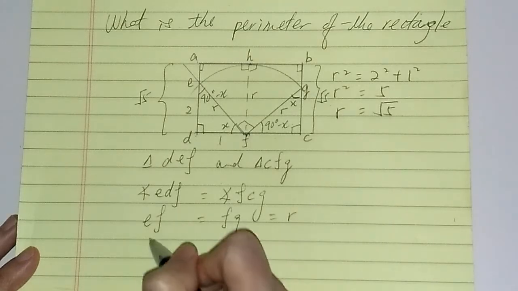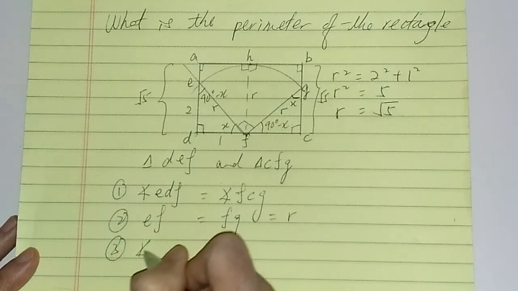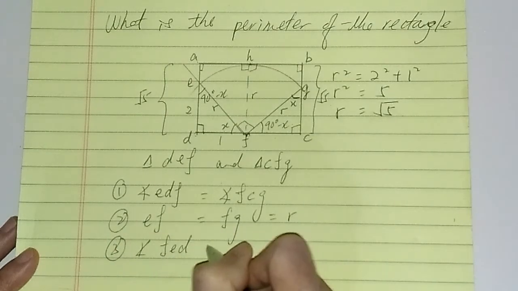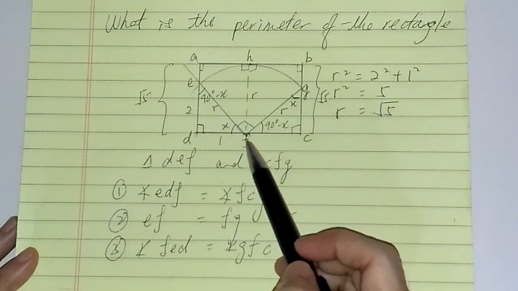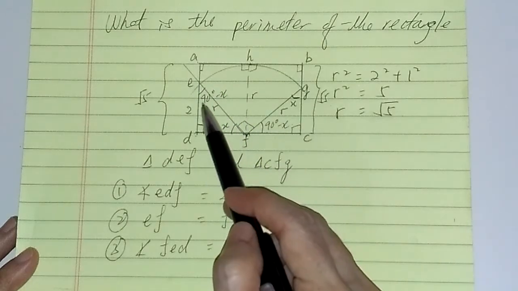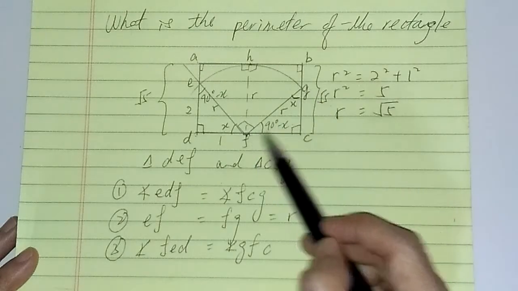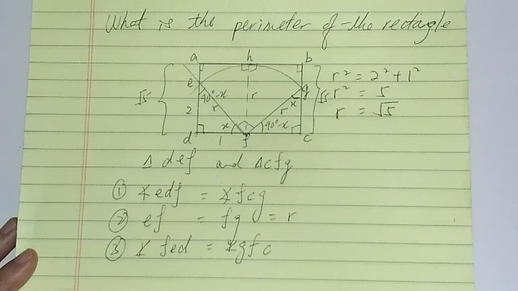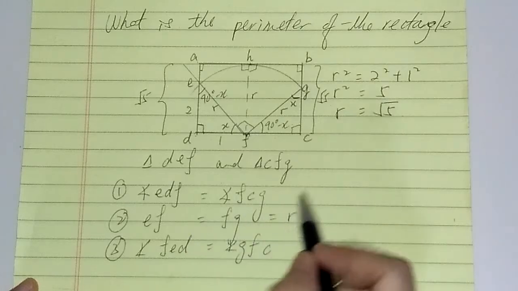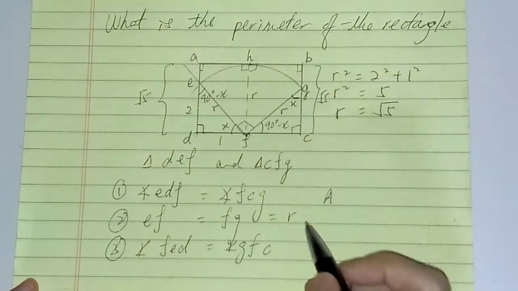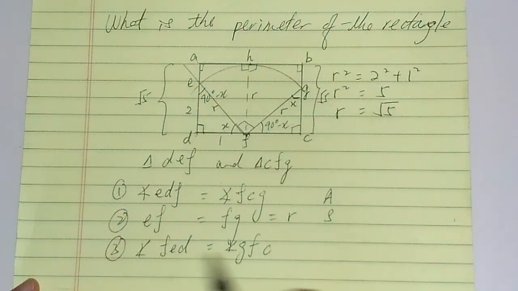Then the other angle: we take angle FED and angle GFC. FED is 90 degrees minus X, and GFC is also 90 degrees minus X. So we have three conditions here: the same angle, then the length, and another angle.